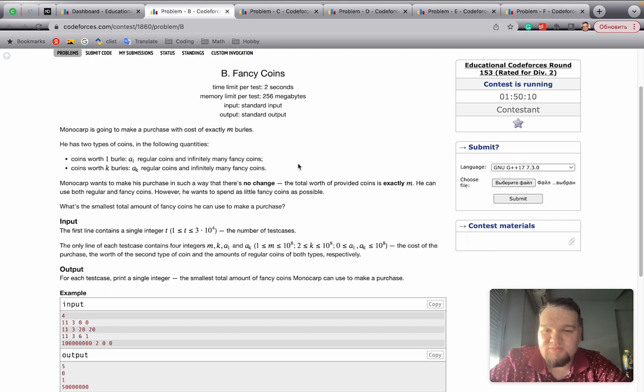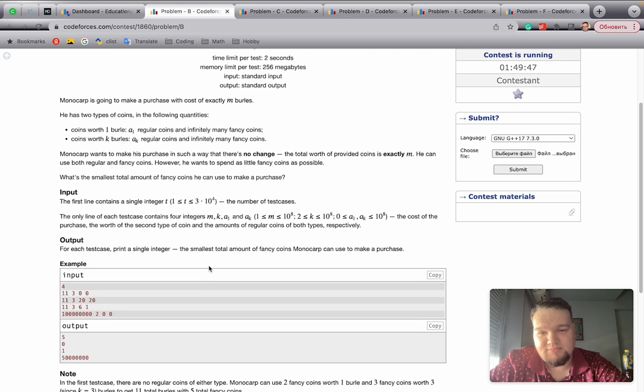He wants to make the purchase so that there is no change, so exactly M. He wants to spend as few fancy coins as possible. Okay, again, not a very interesting problem.